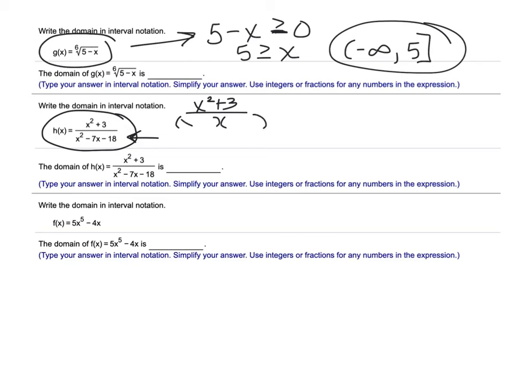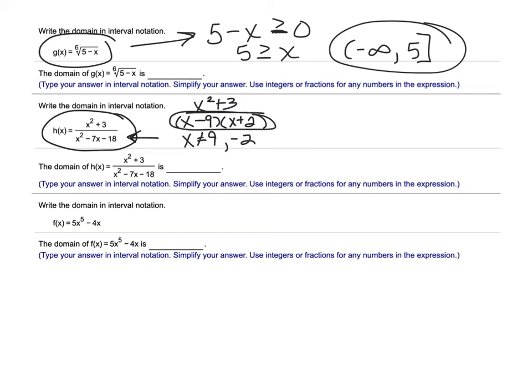Let me try to factor it. 18 is 9 times 2, so it actually factors. You set the denominator equal to 0, and we get 9 and negative 2. x cannot be 9 and negative 2. Don't worry about the numerator, just the denominator.